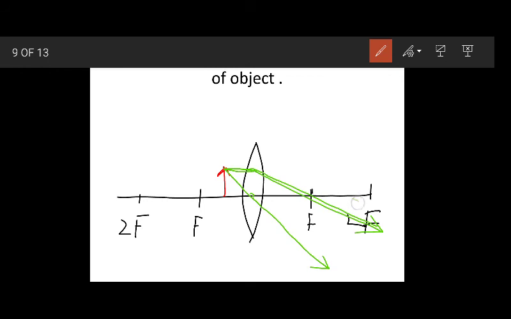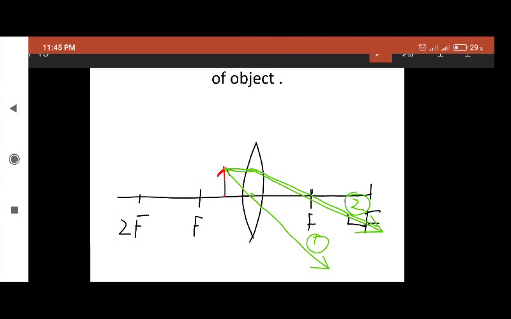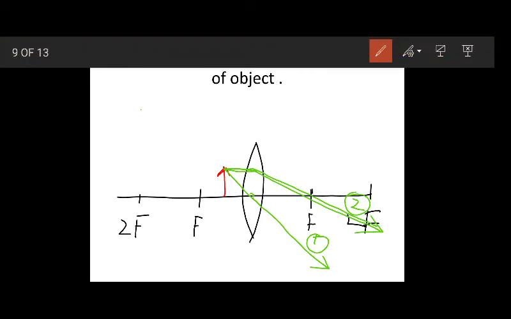This refracted ray number 2 and refracted ray number 1 will not meet at any point, but if you extend the rays, they seem to diverge, they seem to come from a point.